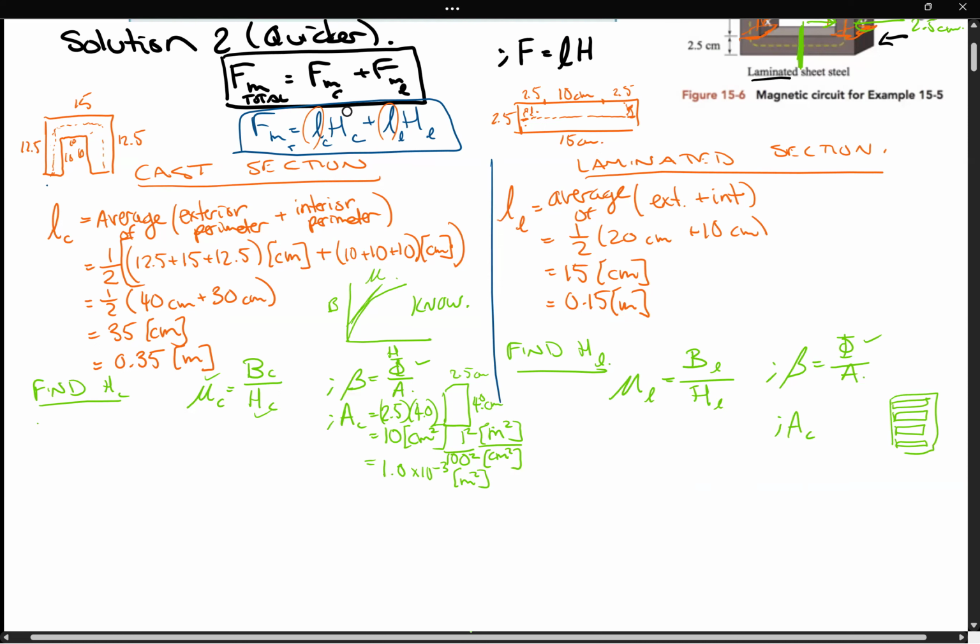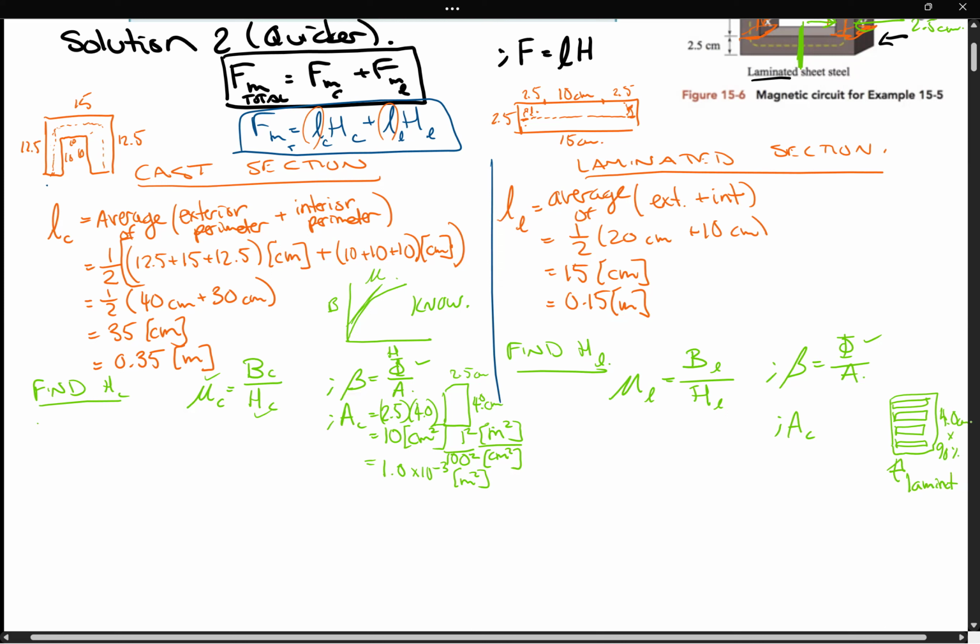And the 4 centimeter dimension is actually times 90% because 10% of it is laminated. Only 90% of it is actually steel that does work in this magnetic circuit. So I actually only take 90% of the 4 centimeters in that direction.